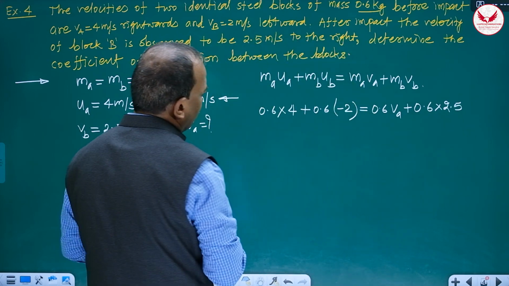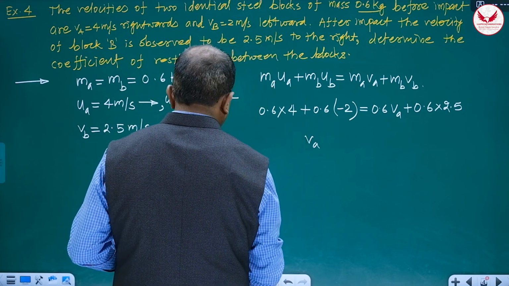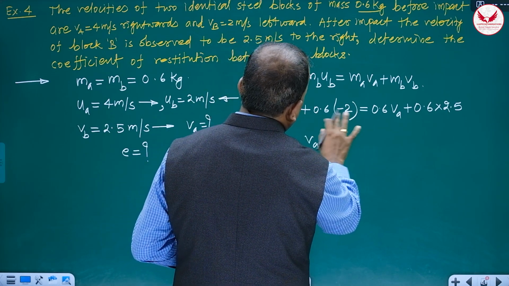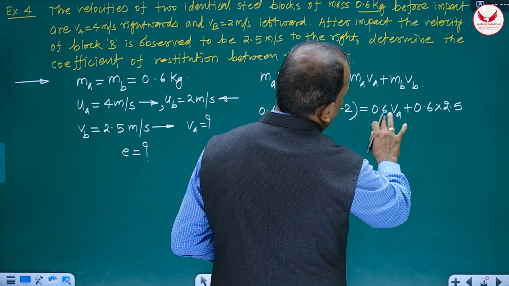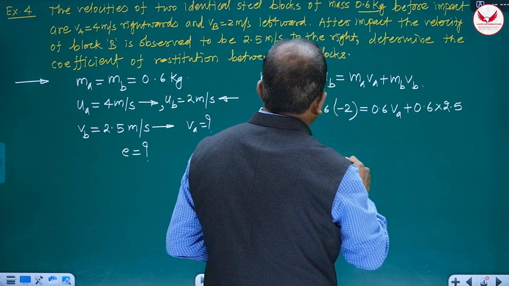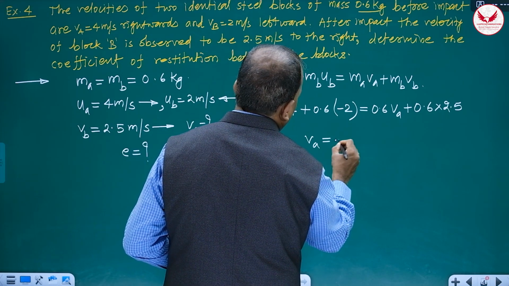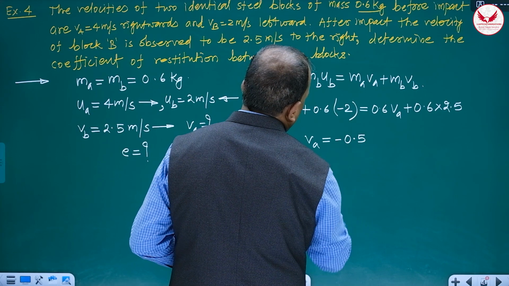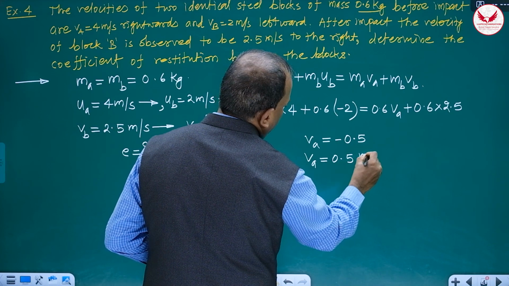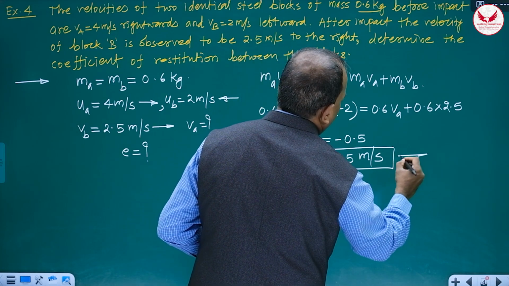So the 0.6 will get cancelled. It is 4 minus 2, means 2, so 2 minus 2.5 is VA. So 2 minus 2.5 means minus 0.5, and it indicates that VA is 0.5 meters per second. The minus sign indicates it is towards left.